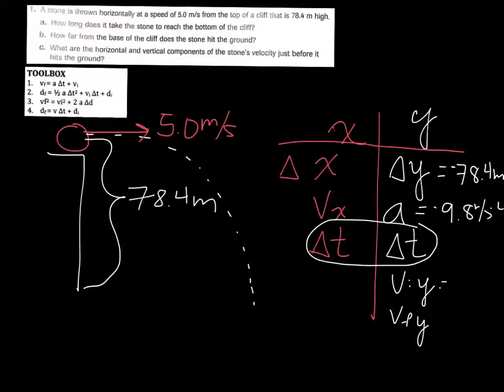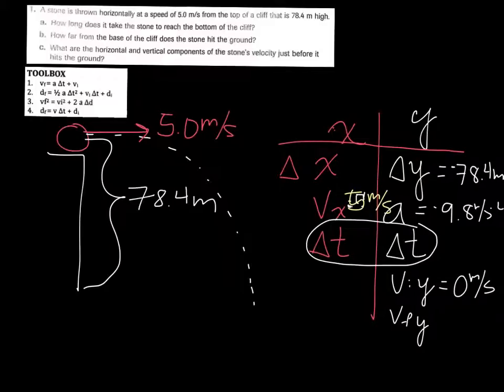And I know that my initial velocity in the y direction is 0 meters per second. On the x side, I only have one piece of given information. All I know is that my velocity is 5 meters per second.